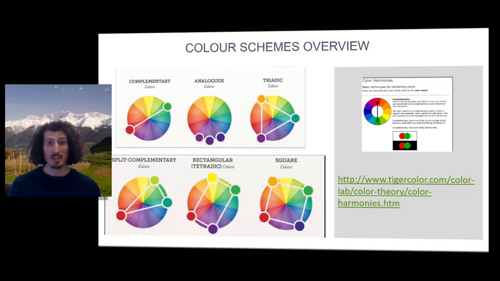The 3 primary colors, for example, are evenly spaced out, but they need not be. And there are plenty of other ways to navigate the color wheel, and some examples here are shown below, such as split complementary colors, rectangular or square. And there are plenty of websites if you're interested to read further. Here's a link.